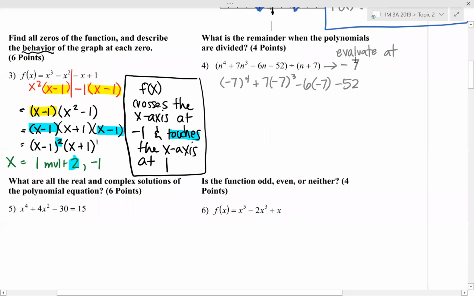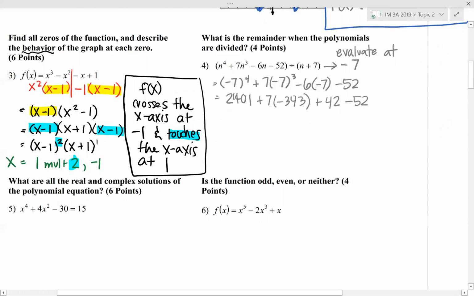So if we evaluate -7 to the 4th power, that's going to give us 2,401. Plus, if I evaluate -7 to the 3rd power, that's 7 times -343, plus 6 times 7 gives us 42, minus 52.